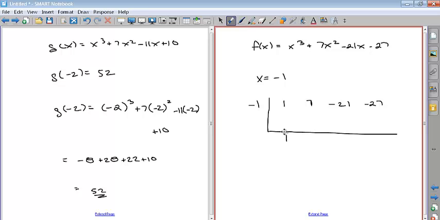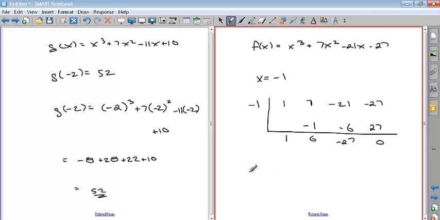So bring 1 down. Negative 1 times 1 is negative 1. 7 plus negative 1 is 6. Negative 1 times 6 is negative 6. Add those together, you get negative 27. Negative 1 times negative 27 is positive 27. You add those together, you get 0.